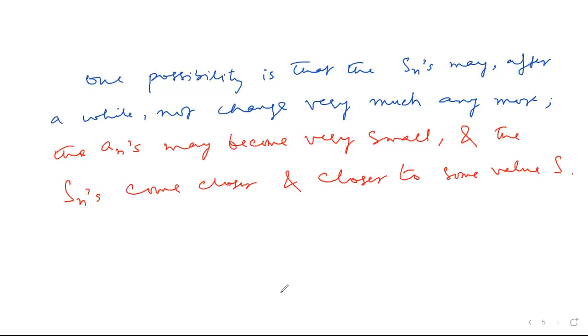We are particularly interested in this case, in which Sn's approach a limiting value. Say limit n tending to infinity, Sn is equal to S. Let me name it second.